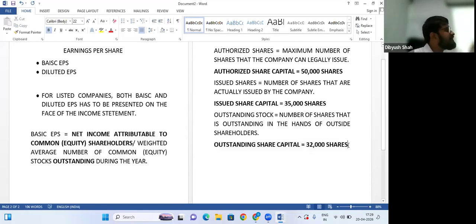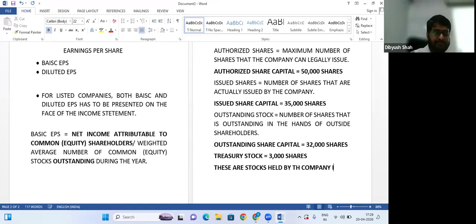But why will there be a difference between issued share capital and outstanding share capital? Treasury stock. You need to understand these are stocks the company is holding in their own name. They are repurchased but not cancelled.